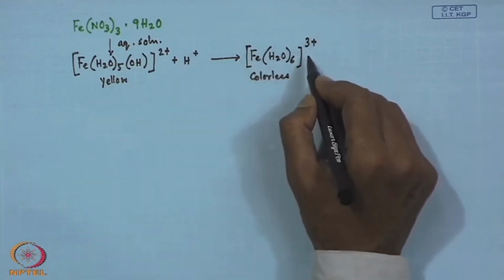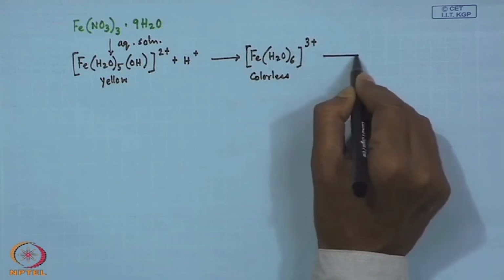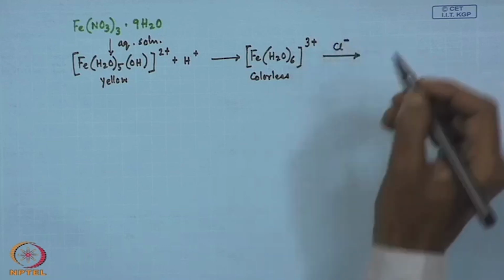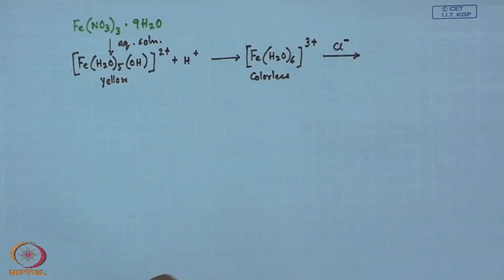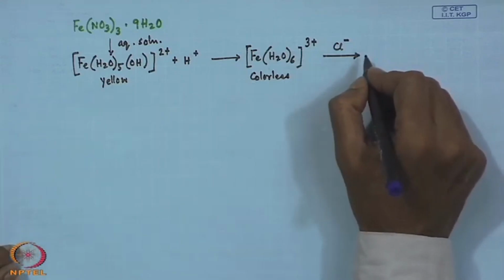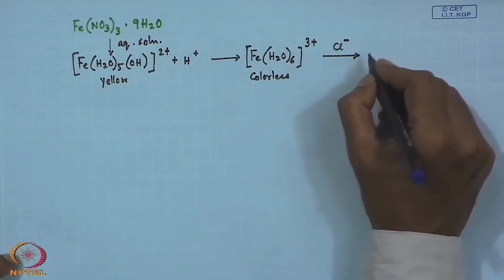So, it is some sort of acid base type of reaction, and when it reacts with, say, some chloride ion, we get another compound, because most of these compounds we are talking about are all labile compounds.